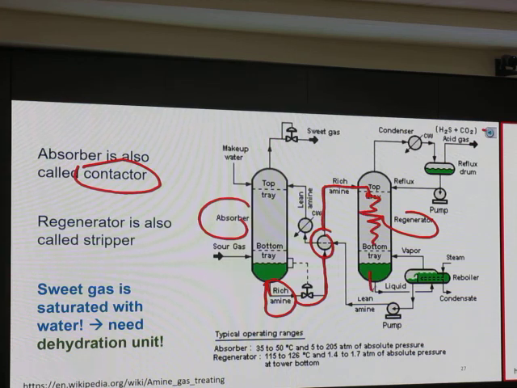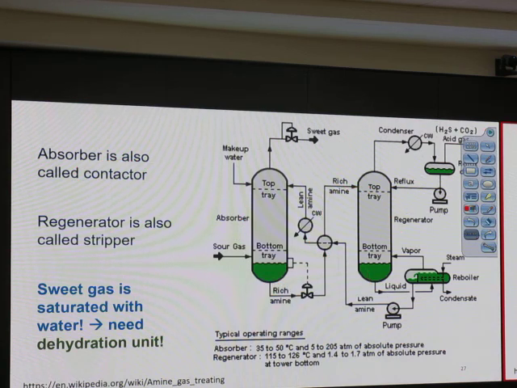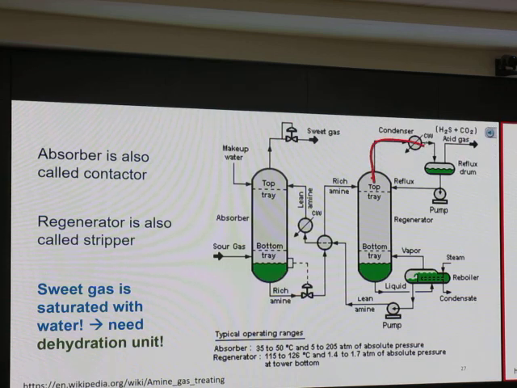At the bottom we have a pump. When we heat it up in the regenerator, gas will come out from the amine. Acid gas goes to the top and comes out. Methane is sweet gas, right? It goes here.